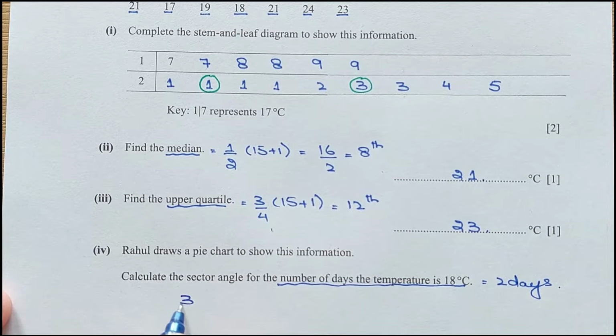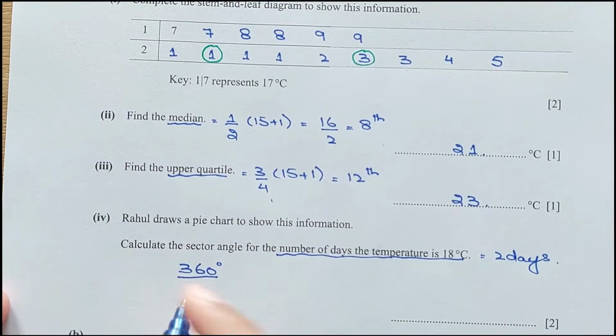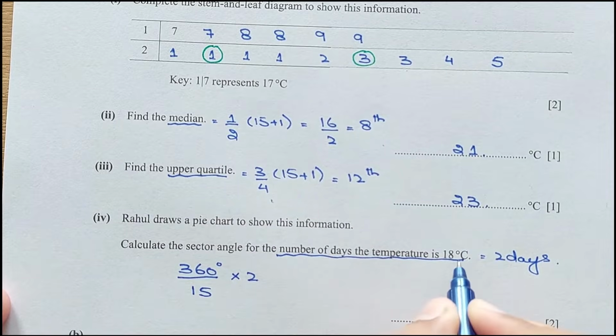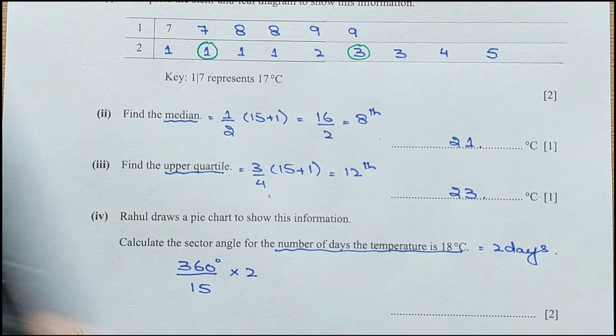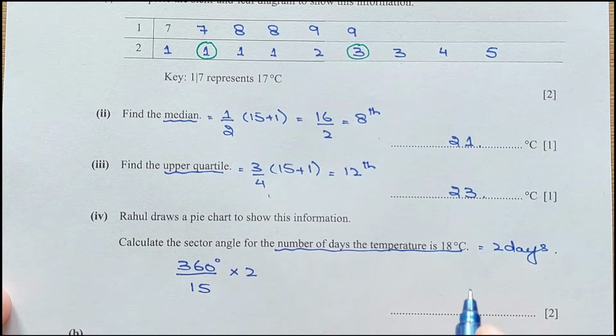So 360 divided by 15 times 2 is 48 degrees. That is the sector angle.